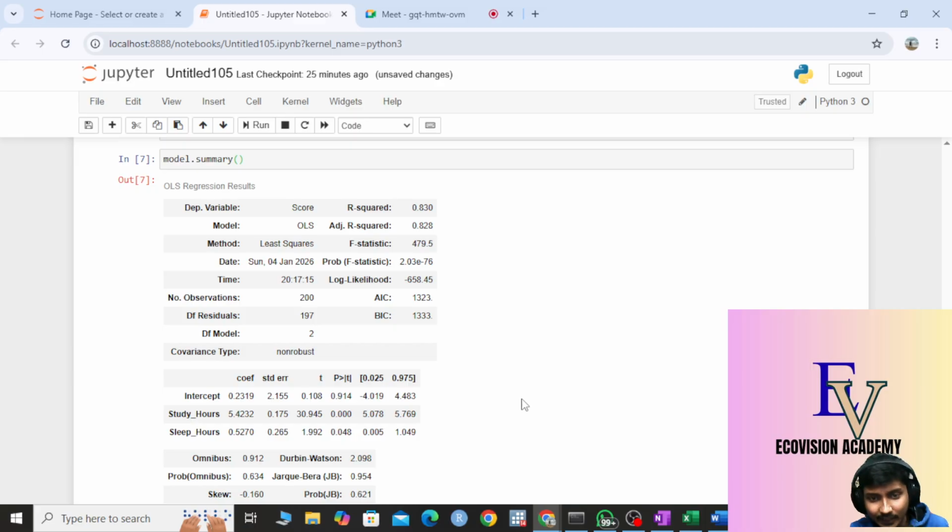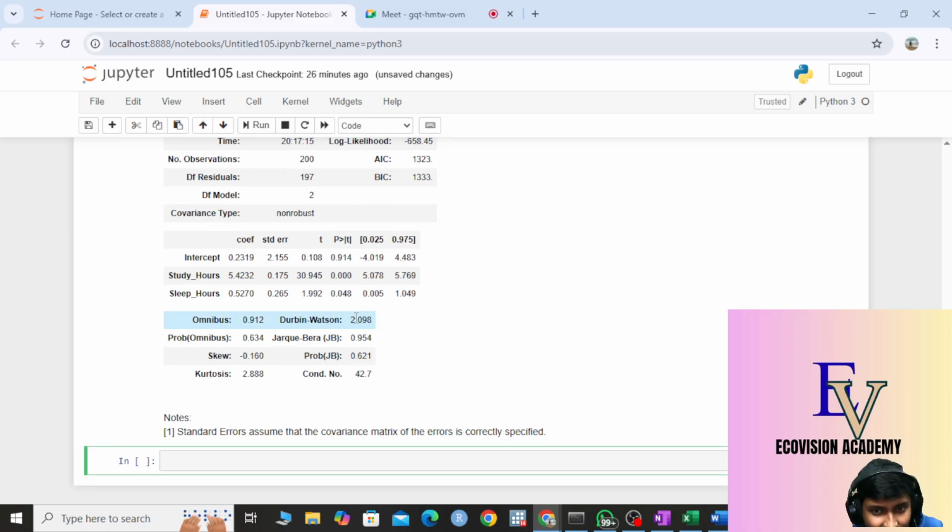Can you interpret whether study hours and sleep hours are significant or not? Yes, sir. Study hours is obviously significant, and sleep hours is also significant. Okay, so both of them are significant. What is the Durbin-Watson value? Is there any autocorrelation problem or not?